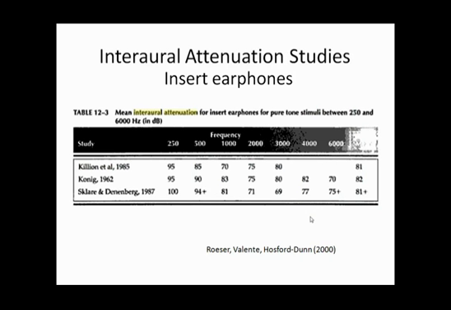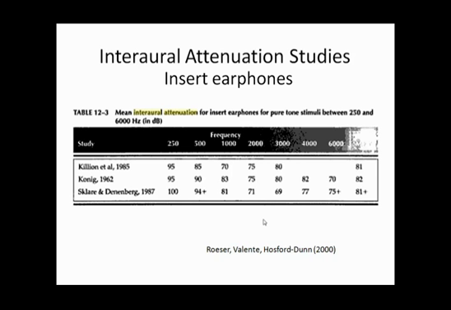But studies that looked at the interaural attenuation for insert phones actually found a huge range. We assume it's 55, or we're going to use 55 to be conservative, but oh my gosh, look at this huge range. Sklare and Denenberg in 1987 reported 100 dB of attenuation at 250 hertz. Very, very interesting. 75. So we're going to use 55 to be on the safe side. Though I have been in clinics where they said to use 75.